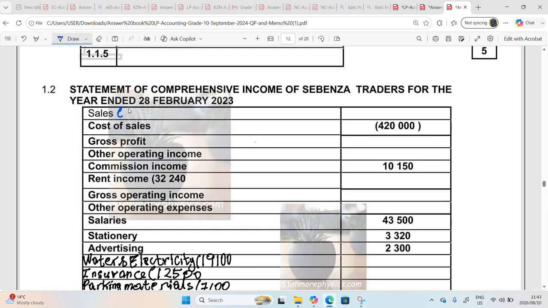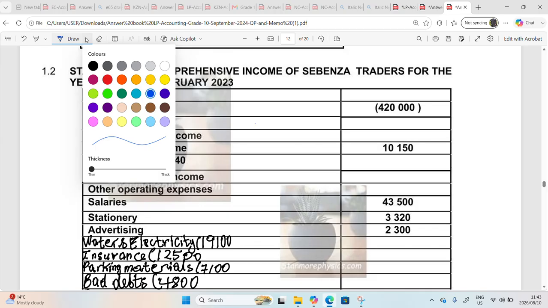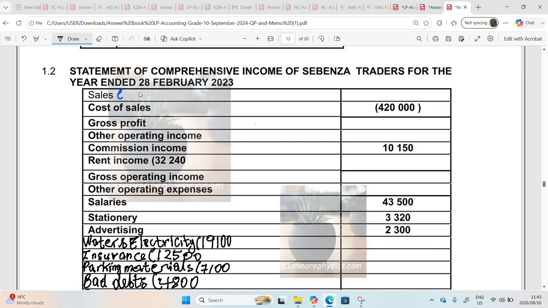Maybe I should use color black, maybe black would be more visible. Okay, let's change the color. So we have sales of 588,000.